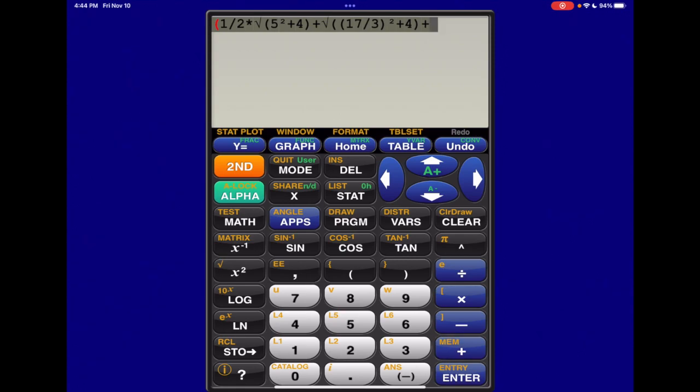And we just keep going. So second square root, and then we have 19/3 plus 4. Oops, I forgot the square. Definitely would prefer not to make a mistake. And then in the parenthesis on that one, plus our next square root.